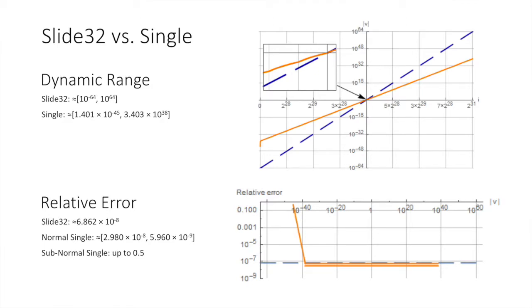Comparing these 32-bit slide values with IEEE floats, the floats shown in orange here, we see that the dynamic range for all the values that exist, they show this particular tail here for the subnormal values, and as in a close-up you see that it's not a straight line, it has this wobbling, which is not the case for the slide values.